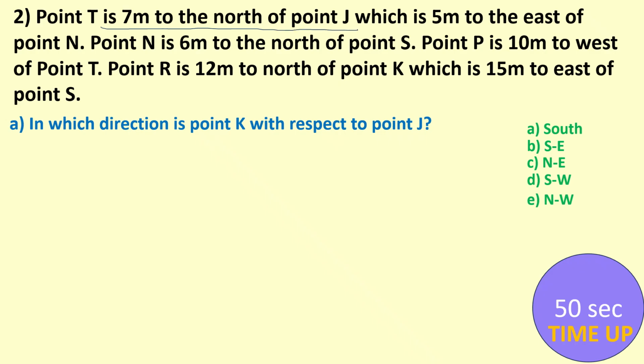Now, point T is 7 meter to the north of point J, which is 5 meter to the east of point N. So this we have discussed, right?